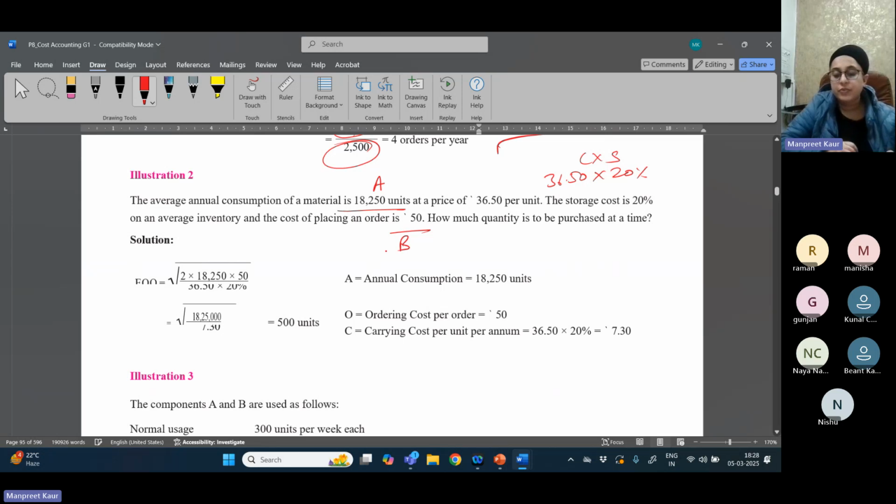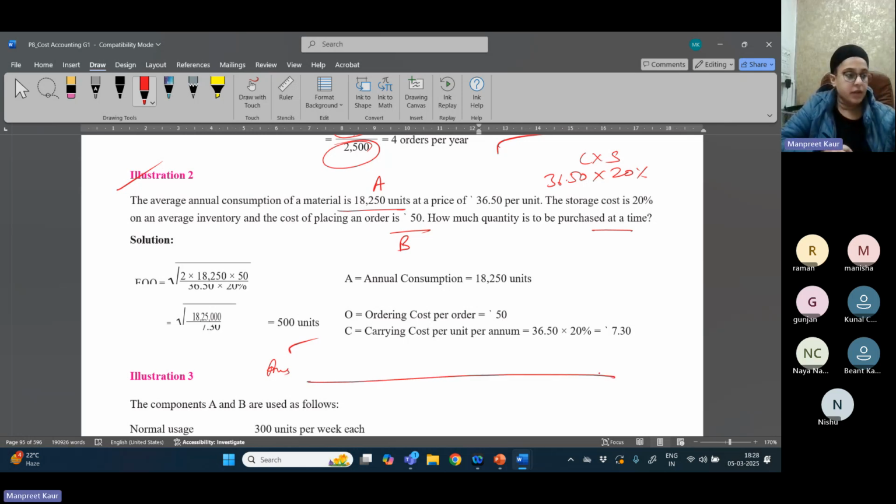Ordering cost B is 50. EOQ is 500 units. Any doubt in question number 2? How much quantity is to be purchased? That is 500 quantities to be purchased. Write the answer properly.